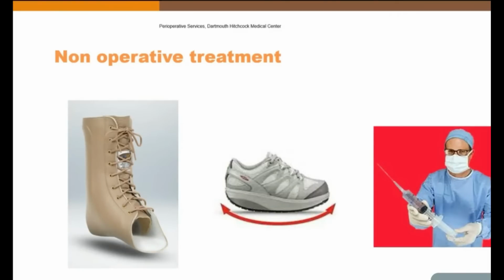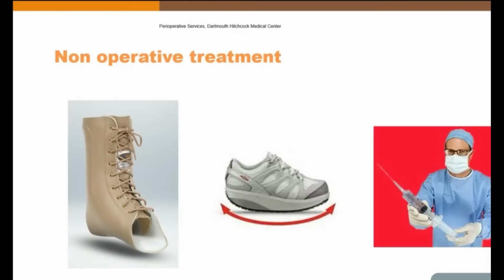On the far left, you see an example of an Arizona brace, which is a custom-made brace made out of leather with a nylon shank, designed to decrease motion through the tibiotalar joint, decreased motion leading to less pain from those abraded surfaces rubbing against each other.